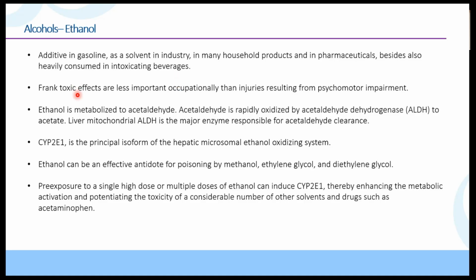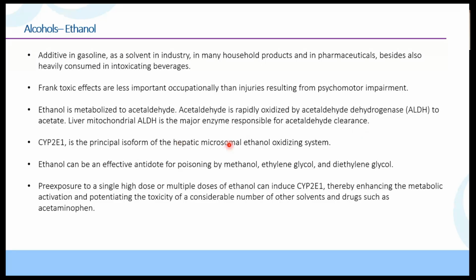The frank toxic effects are less important occupationally than injuries resulting from the psychomotor impairment. Ethanol is metabolized to acetaldehyde. Acetaldehyde is rapidly oxidized by ALDH to acetate, and liver mitochondrial ALDH is a major enzyme responsible for acetaldehyde clearance.